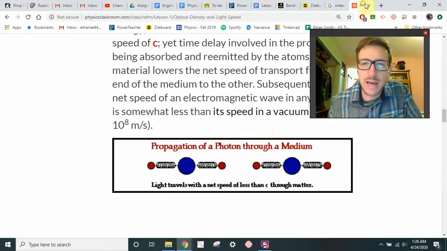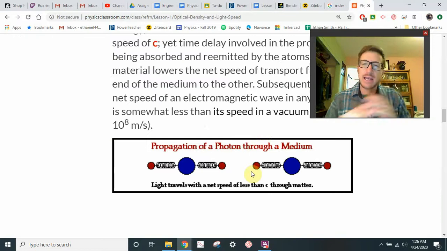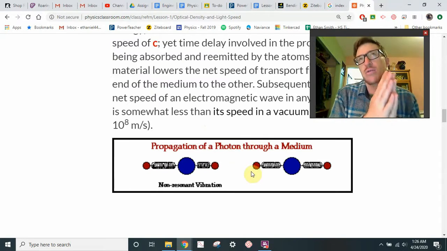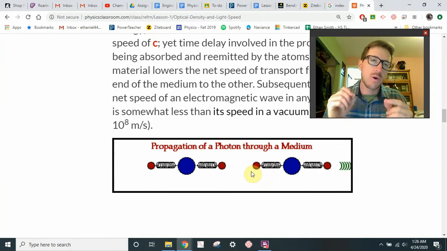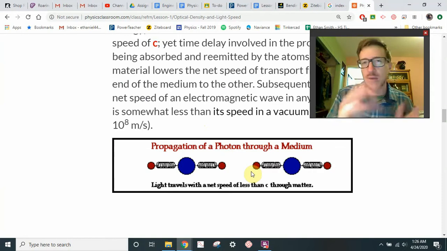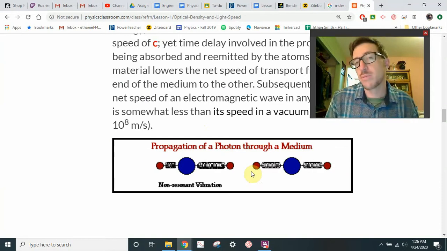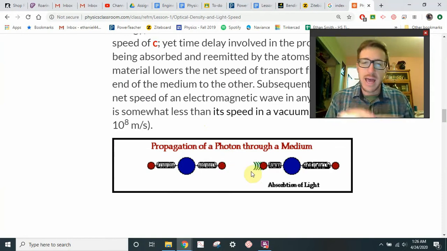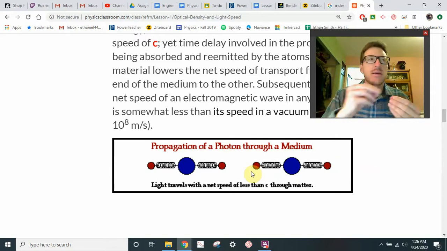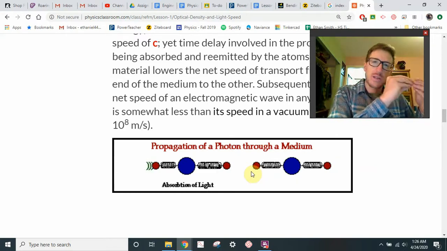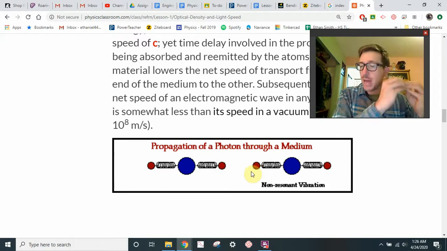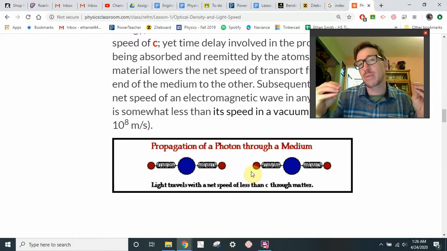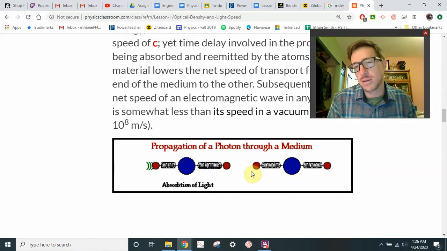Light travels at 300 million meters per second in a vacuum, with no other molecules or atoms to interact with or disrupt its movement. But if we have atoms with electrons swirling around them, those electrons can interfere with that wave and slow it down. The wave can still pass through them, it can transmit through that material, but it often gets slowed down.